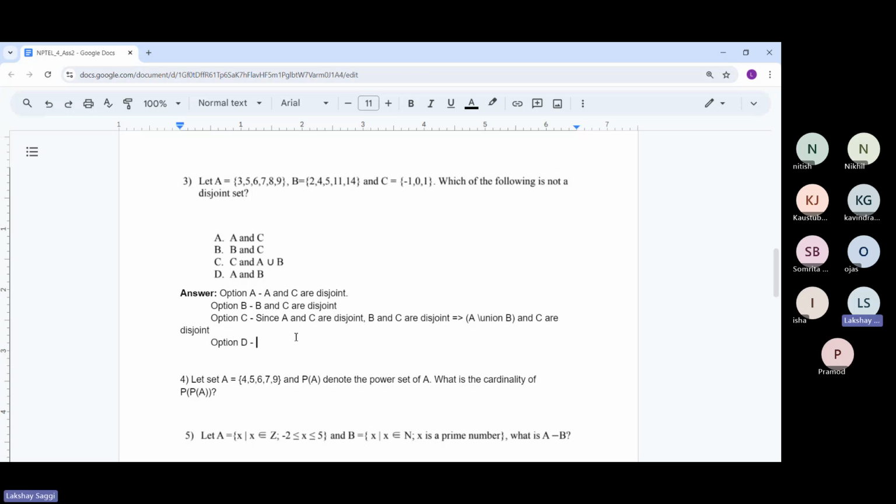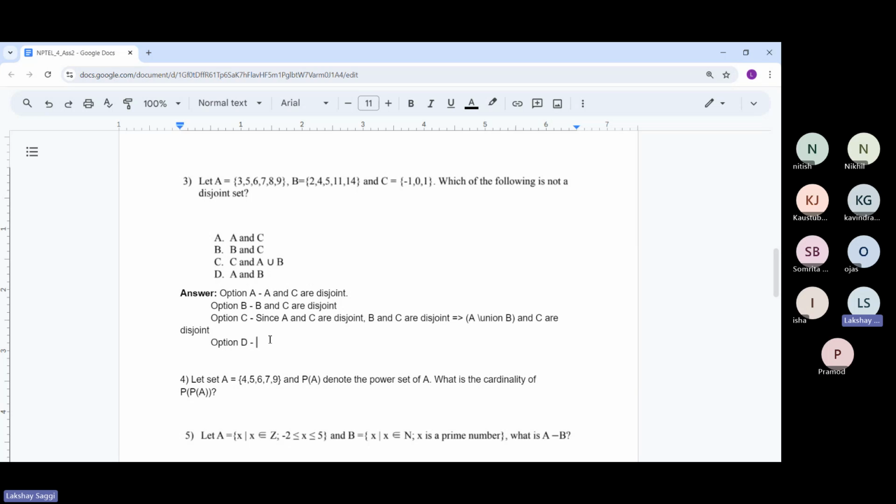Now option D asks whether the sets A and B are disjoint. Similar to what I did in option C, I used that A and C are disjoint and B and C are disjoint, and I arrived at A union B and C being disjoint. So can I say something similar here, guys? Since A and C are disjoint and B and C are disjoint, does this mean that A and B are also disjoint?